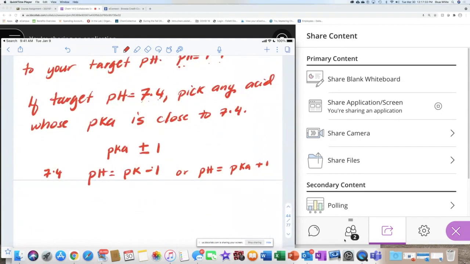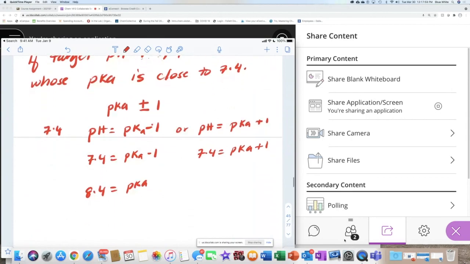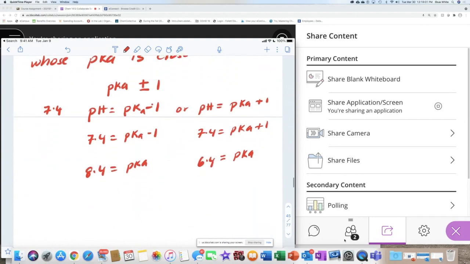Let's see. If you're trying to find this, we got 7.4 equal pKa. This should be pKa minus 1. So I'm trying to work this out. This says 8.4 pKa, or 7.4 equal pKa plus 1. And here I have pKa equals 6.4. Okay, so that means this is our range right here.